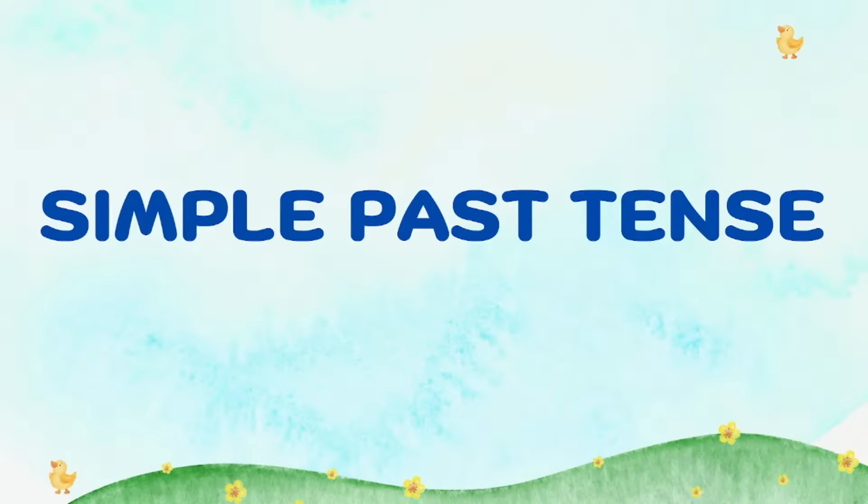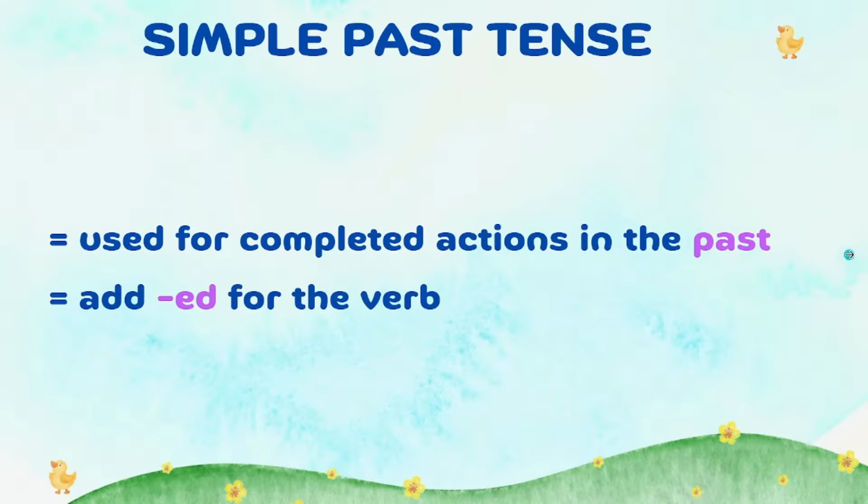Not now, because if we're talking about now, it's going to be present. But since it is simple past tense, it's done already. Used for completed actions in the past. For the verb, you will add ed.